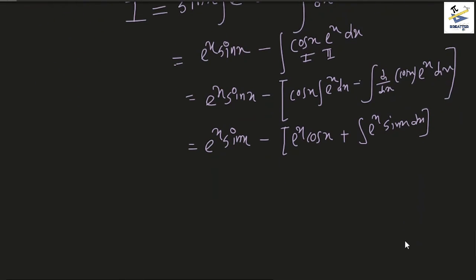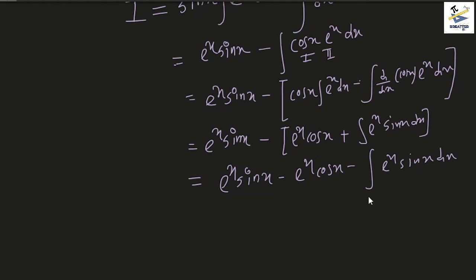And if you take it out of the bracket, what becomes is e to the power x sin x minus e to the power x cos x minus the integral of e to the power x sin x dx. But notice that this is the integral that we started with, right? So this is denoted by I, which is a variable. So this becomes e to the power x sin x minus e to the power x cos x minus I, and on the left hand side we have I.